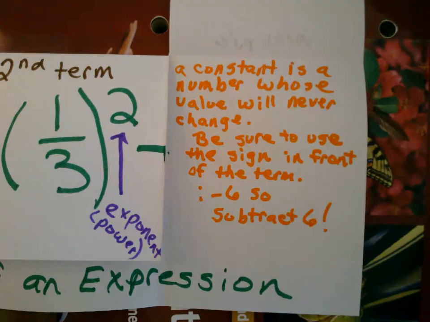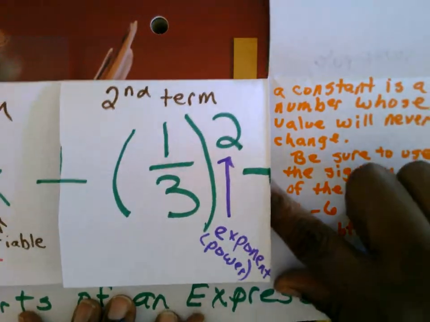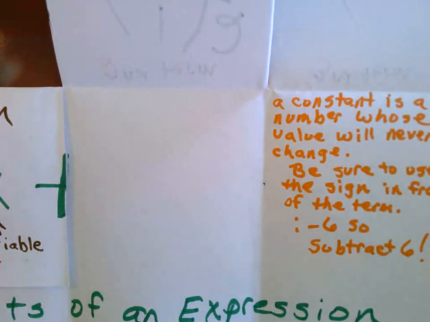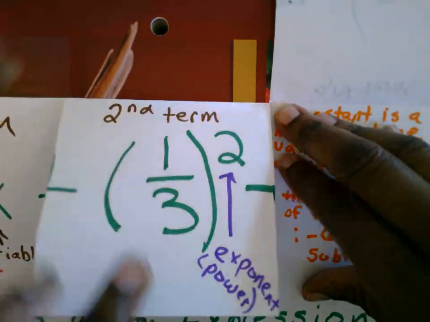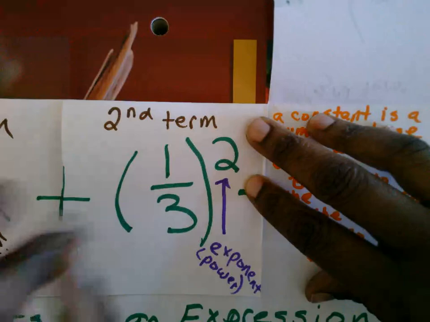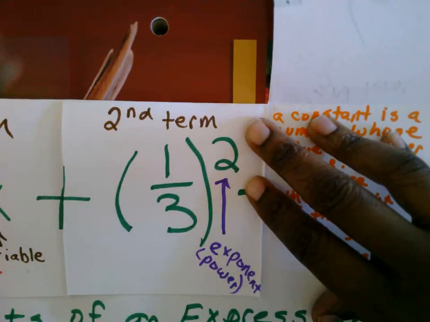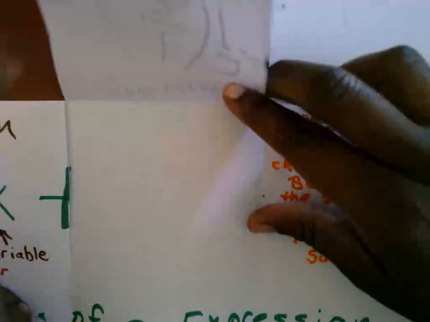Okay, let's move on to the second flap, which contains the second term, (1/3) squared. It contains a set of parentheses and an exponent. But I want you to notice something about these parentheses. It only contains a value. It does not contain an operation. It contains a fraction, 1/3, but it doesn't tell you to do anything with that 1/3.